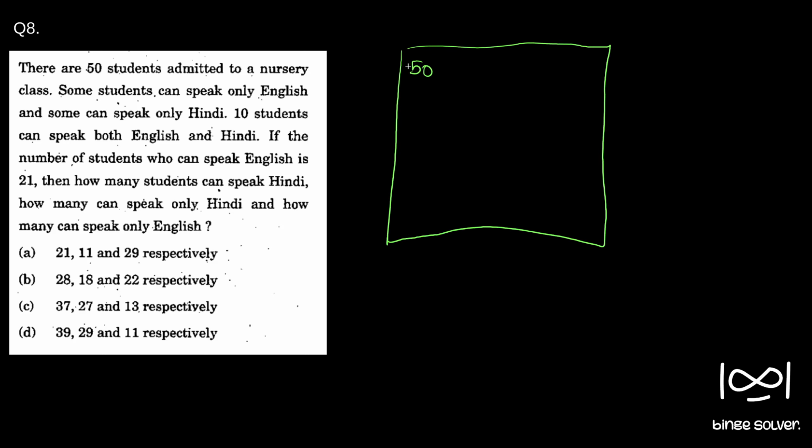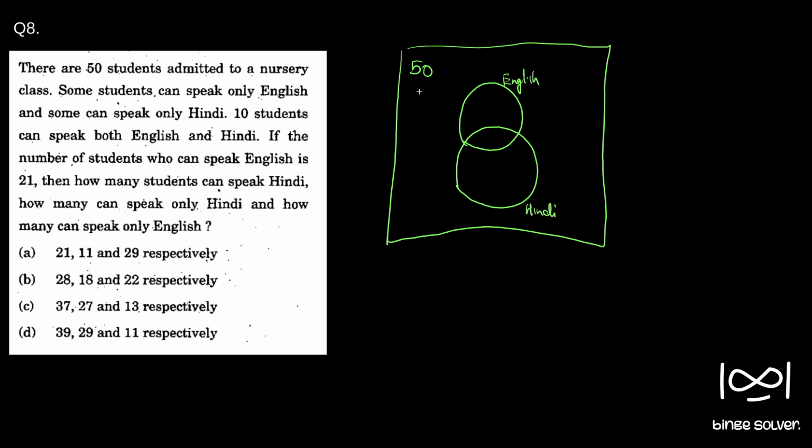There are 50 students in total, and we'll represent English and Hindi as two circles. Okay, I will mark it outside. This is English and this is Hindi.